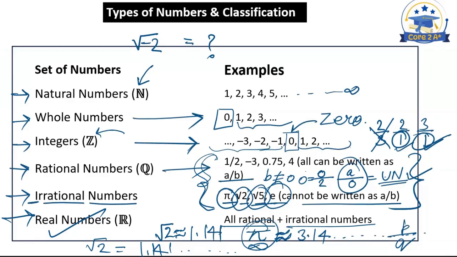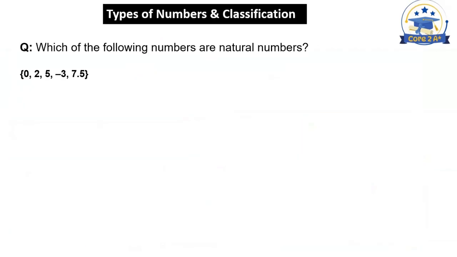Okay. Now, moving to the question. Which of the following numbers are natural numbers? We have already known a natural number is just a counting number.